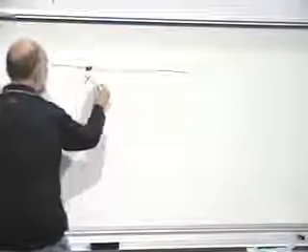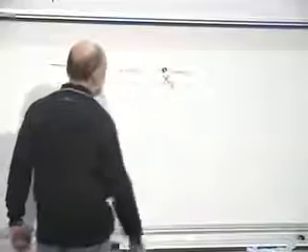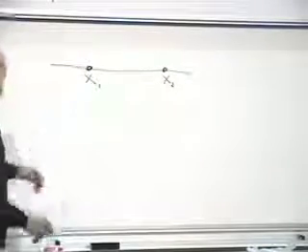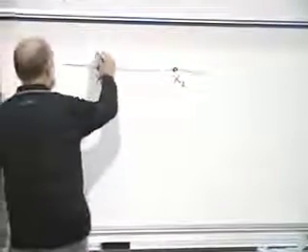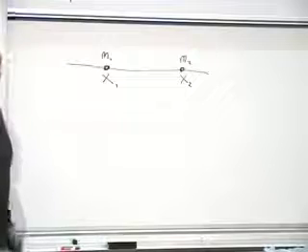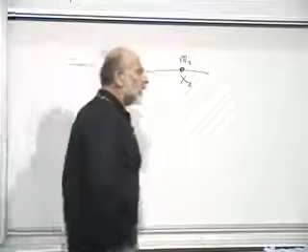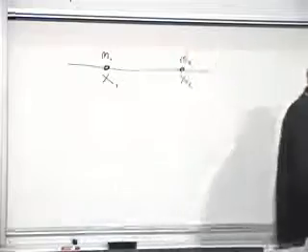Particle 1 has coordinate x1, particle 2 has coordinate x2. Particle 1 has mass m1, particle 2 has mass m2. Now, there's also a potential energy function. The potential energy is a function of both coordinates.